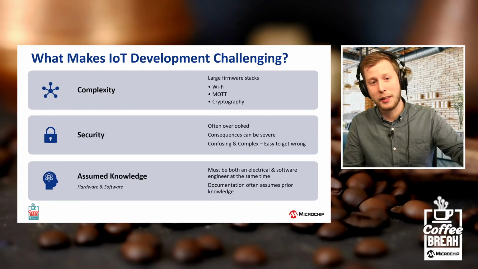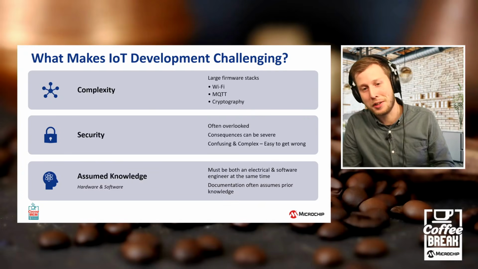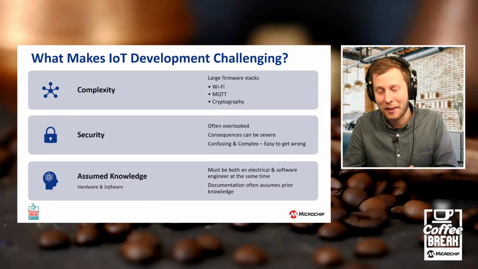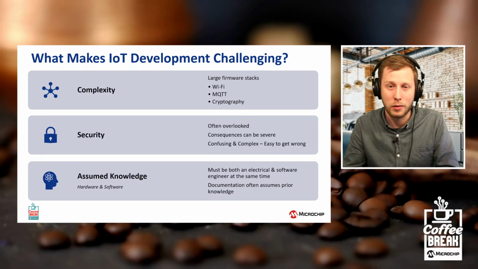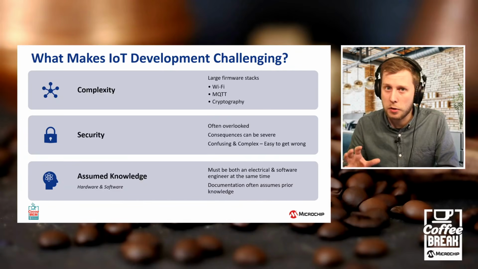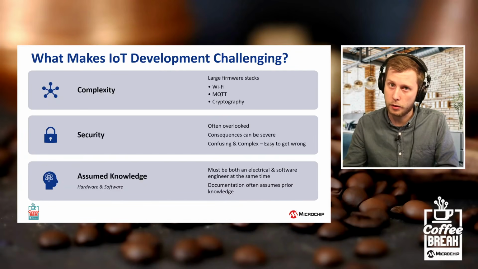Yeah, the third point I'd say is the assumed knowledge you need. So I think every engineer can relate to the problem of reading some sort of technical document or documentation, and they expect you to know something or have a background in something that you don't have.